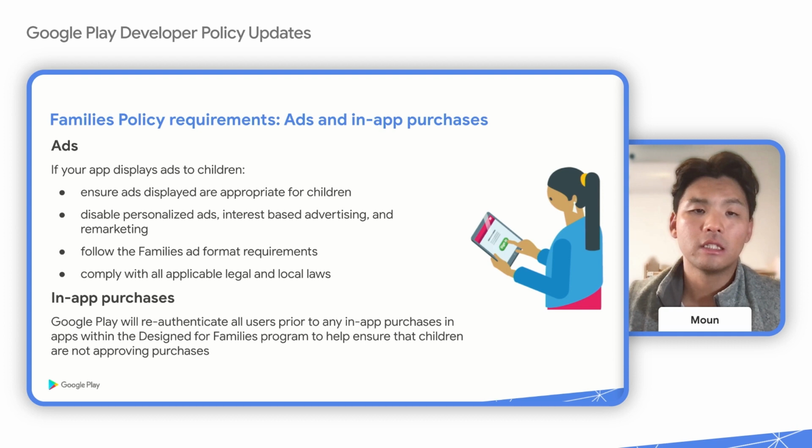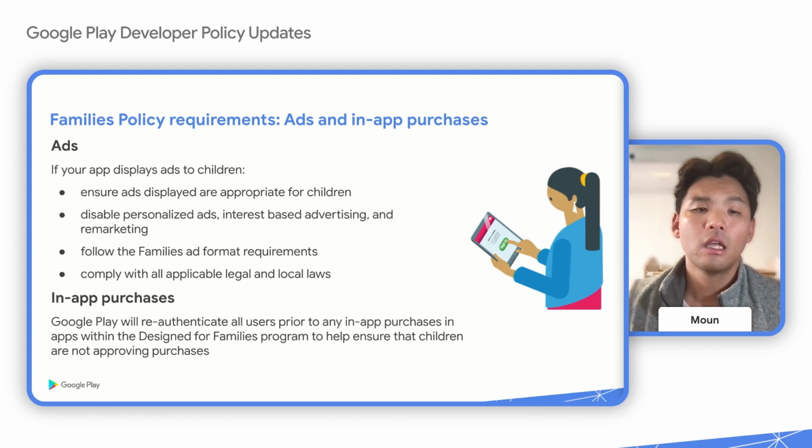Next requirement is on ads and in-app purchases. If your app displays ads to children or to users of unknown age, you must ensure ads displayed to those users present content that is appropriate for children, and disable personalized ads, interest-based advertising or remarketing. Also follow the families ad format requirements.